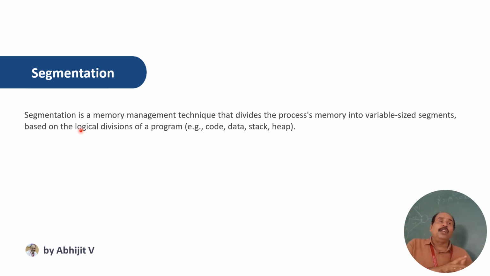In segmentation, the advantage is that we create different segments of varying sizes according to the requirement of the process. So when we adjust that, we are reducing wastage, right? This is based on the logical divisions of the requirements of the program.